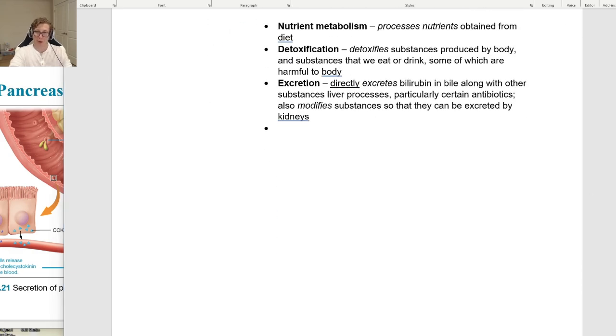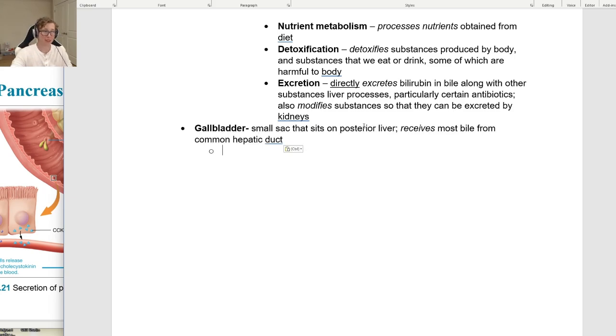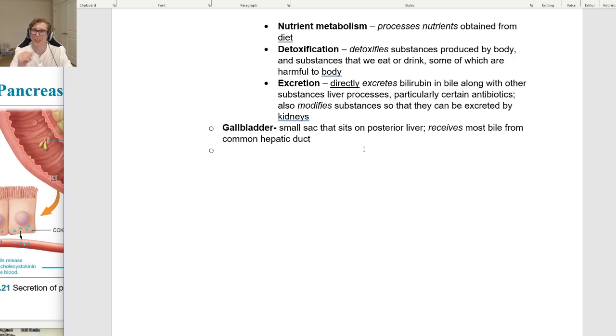Last accessory organ, and then we are done with the anatomy and physiology of the GI system at a top level. Gallbladder. It's a small sac that sits on the posterior liver. It was that little green organ that we saw when we were doing that fetal pig dissection, and it receives most of the bile from the liver.